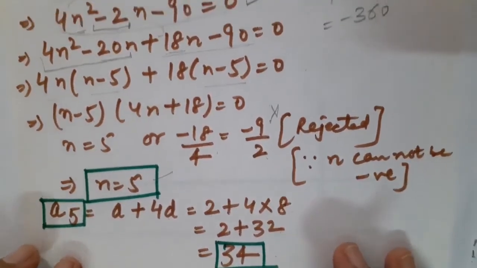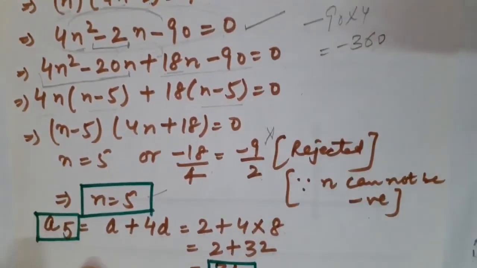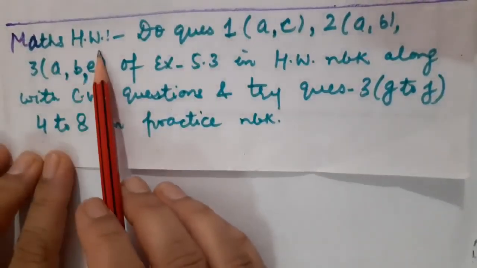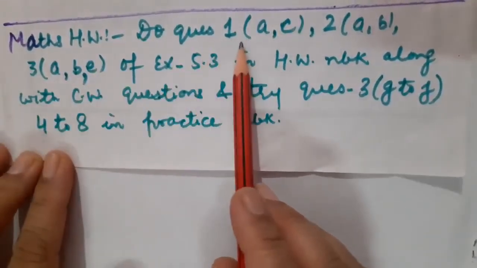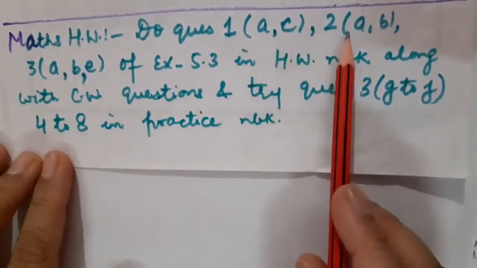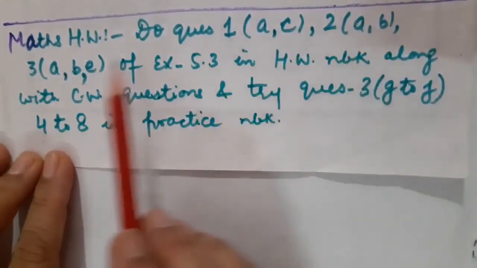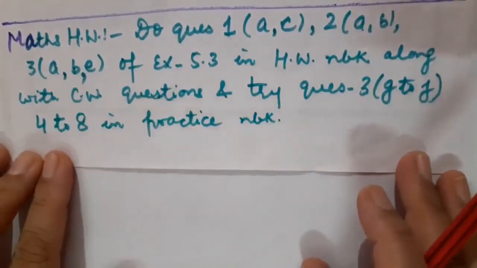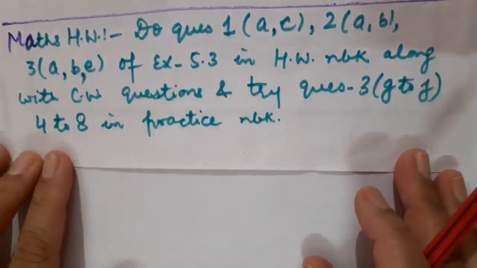Now children, that's it for the day. This is the time to get mathematics homework. Please note down your maths homework. You will have to do questions first A and C part, second A and B, third A, B and E of exercise 5.3 in the homework notebook along with classwork questions.